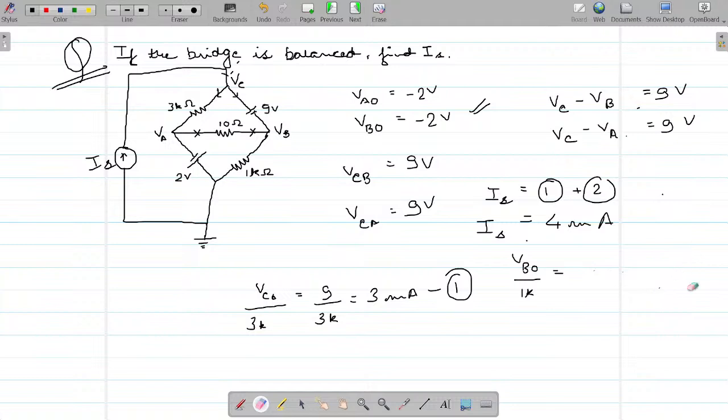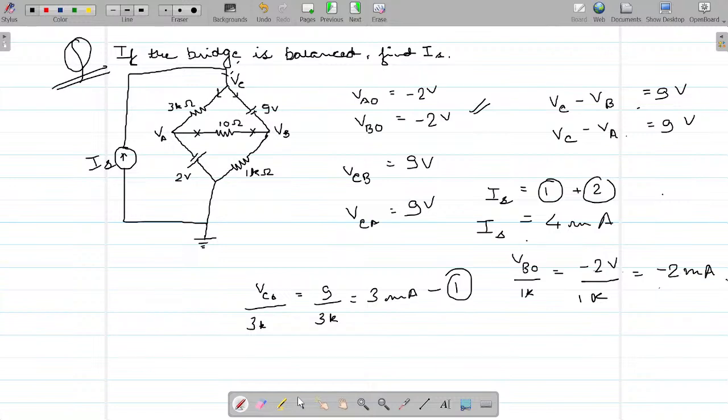VBO is calculated to be minus 2 volts. It was given to you in the question. Yes, VBO is minus 2 and the resistance is 1 kilo ohm, so your answer will be minus 2 milliamperes.